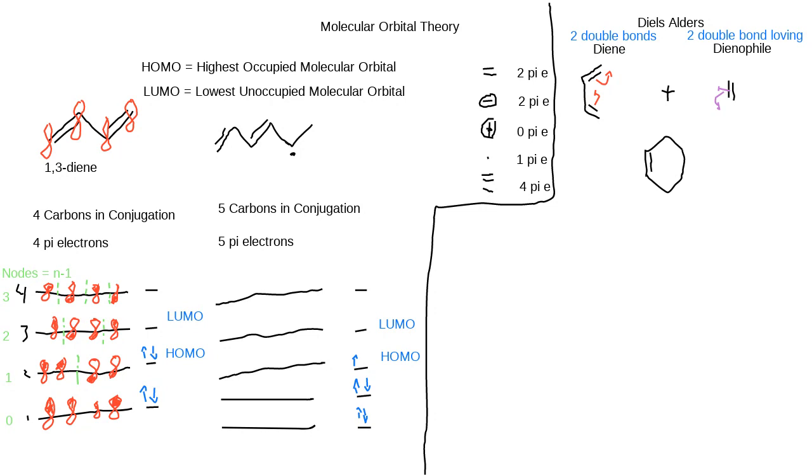And that's all I'm going to get into today. There's a little bit more that you have to deal with for Diels-Alders before you begin to practice problems, mainly stereochemistry and different groups on our dienophile, such as endo and exo.